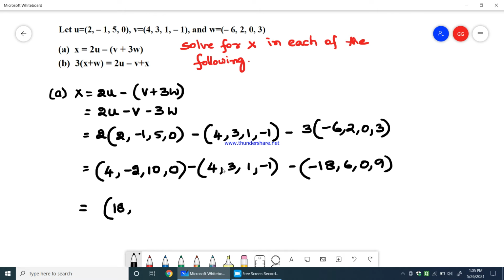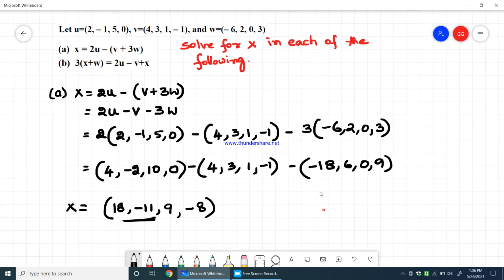So minus 2 minus 3 is minus 5 minus 6, which is minus 11 comma, we have 10 minus 1 is 9 minus 0 is 9 only, comma 0 minus of minus 1, which is plus 1 minus 9 will be minus 8. So this is the x vector for the given problem A.